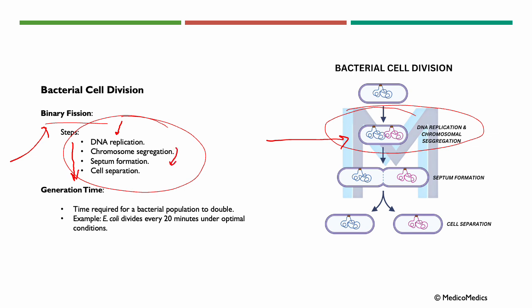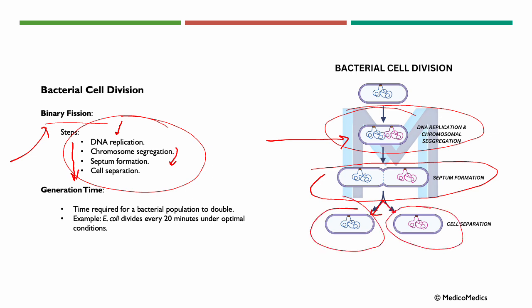Now, after that, we have septum formation. And finally, we have cell separation. And the time required for a bacterial population to double is called generation time. For example, E. coli divides every 20 minutes under optimal conditions.